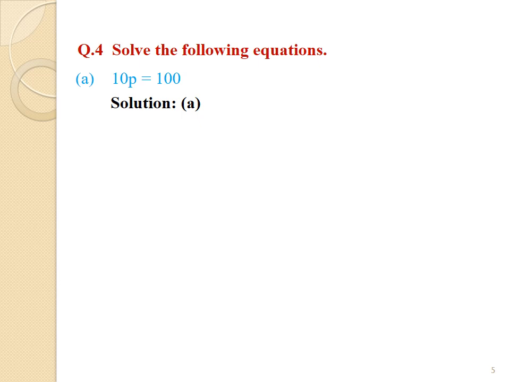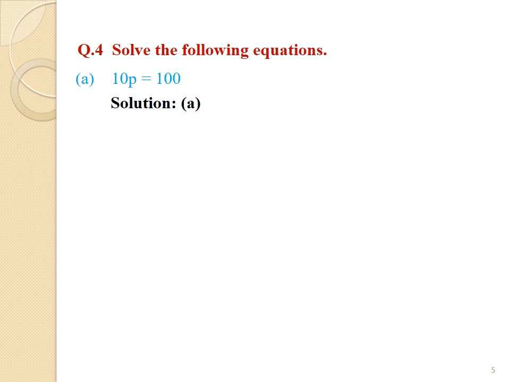As there is only one operation, which is multiplication in this equation, we have to use only one law, that is division law. Students, in this equation, we have to divide 10p by 10 and also 100 by 10. So let's divide and find the solution of the equation.